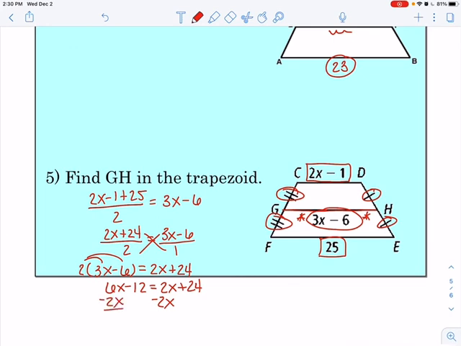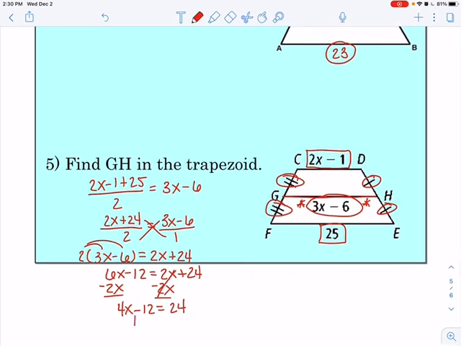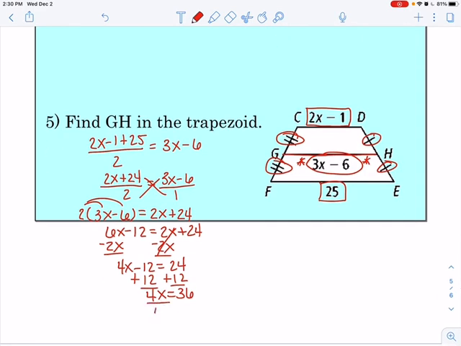Subtract 2x from both sides, and I'll have 4x minus 12 equals 24. Opposite of subtracting 12 is to add 12, and I'll have 4x equals 36. Opposite of multiplying by 4 is to divide by 4, and x is going to equal 9.